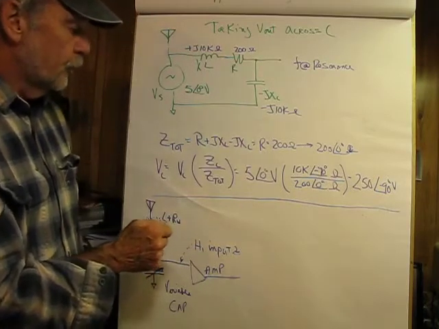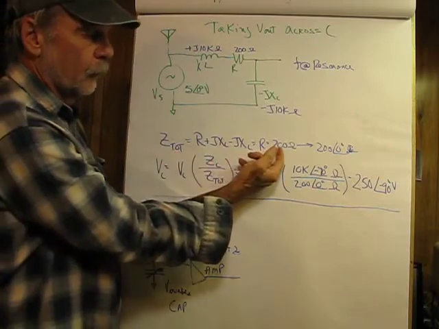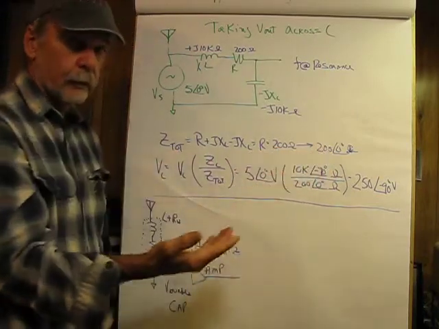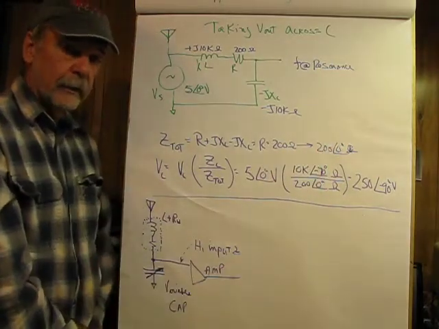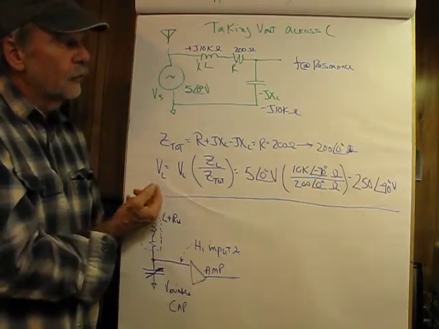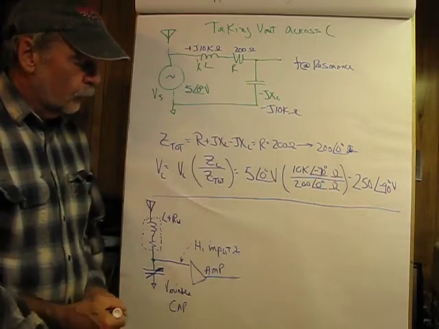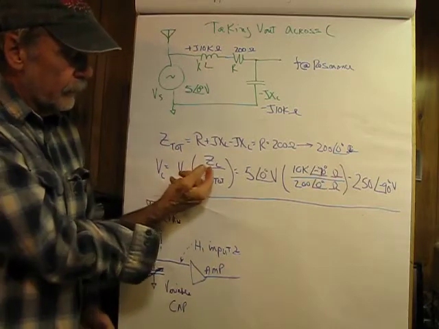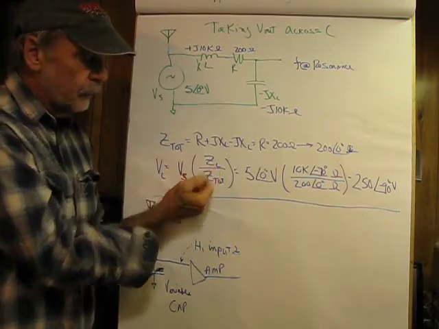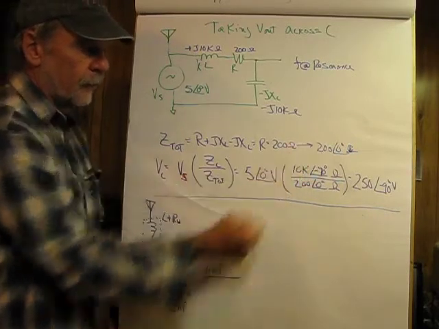So what we see here is Z total, again, is equal to R is equal to 200 ohms at 0 degrees. Just writing that down in polar form because we're going to be using it in a minute. And VC, which is the voltage across the capacitor, would be equal to the source voltage times the capacitor's impedance, Z sub C, divided by Z total, which we just found here.